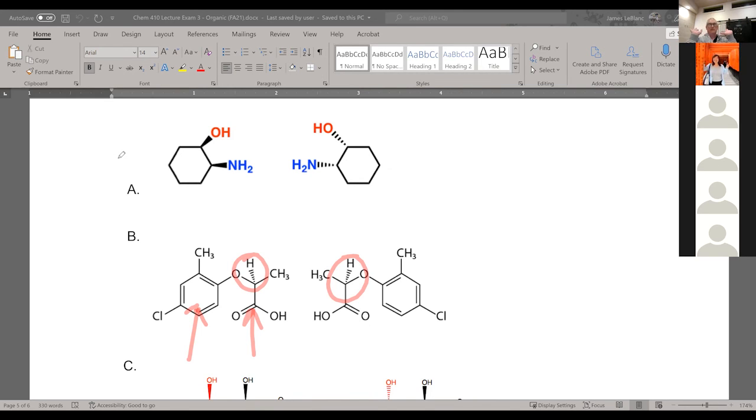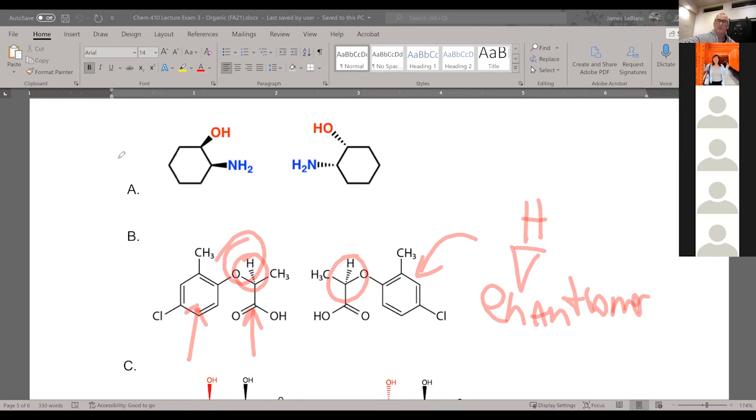They're both going away from the plane. So I can't stack those two on top of each other. They'd be pointing in opposite directions if I was to flip them around. If I flipped this one, then that hydrogen would be pointing out, while this one was still pointing in. So they don't stack on top of each other. So those are enantiomers. Oh, so if it had the wedge instead of the dash, then that would be considered the same molecule? Yes, exactly.